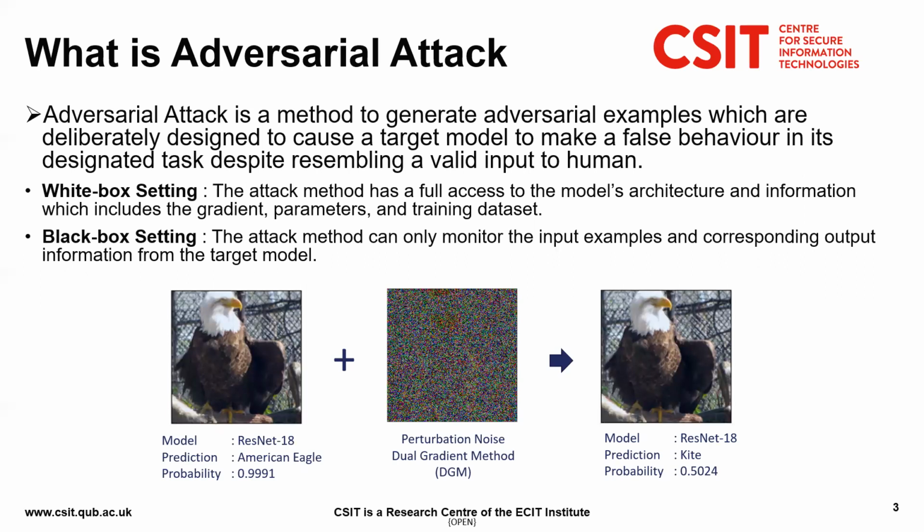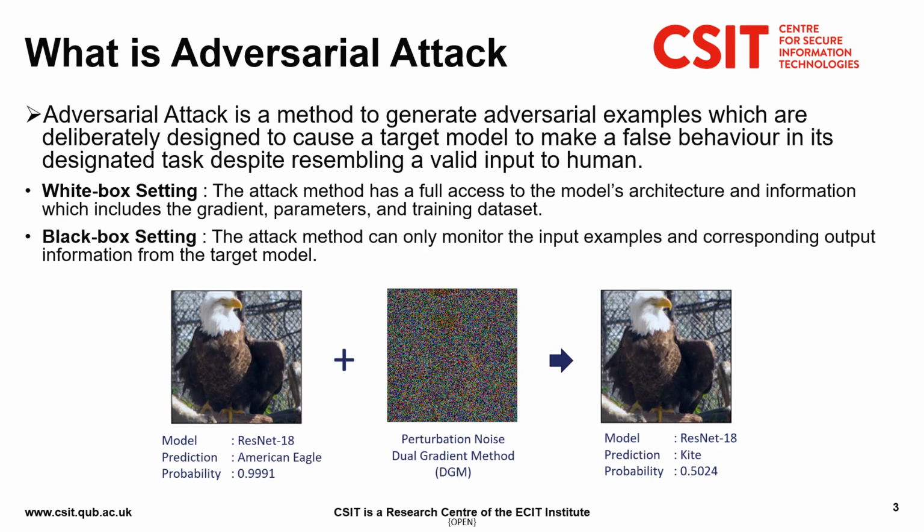Adversarial attack is a method to generate adversarial examples which are deliberately designed to cause a target model to make a false behavior in its designated task despite resembling a valid input to humans. And it has two different settings.